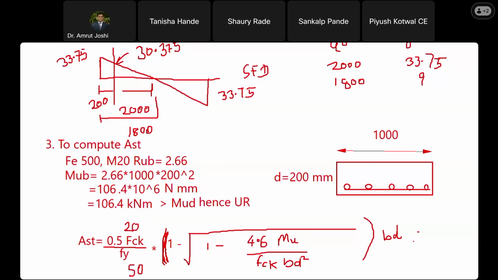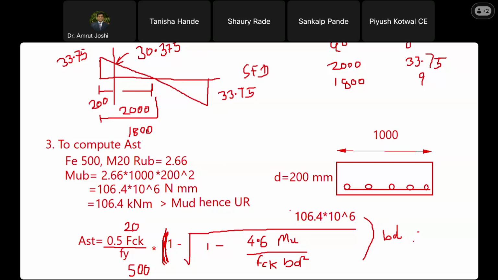Then the value of MU is 106.4 into 10 power 6.